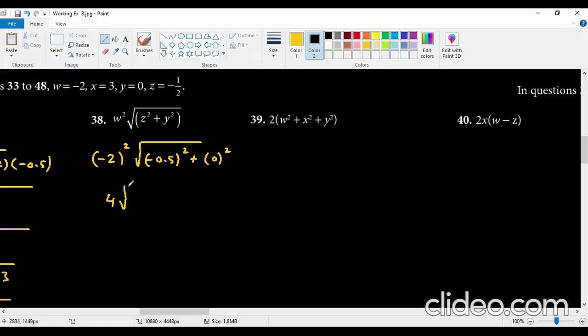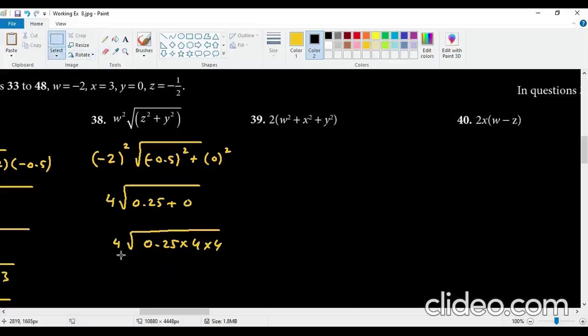Under the radical it's going to be 0.5 multiplied by 0.5, which is going to give you plus 0.25 plus 0, and this is going to give you 0.25 times 4 times 4.